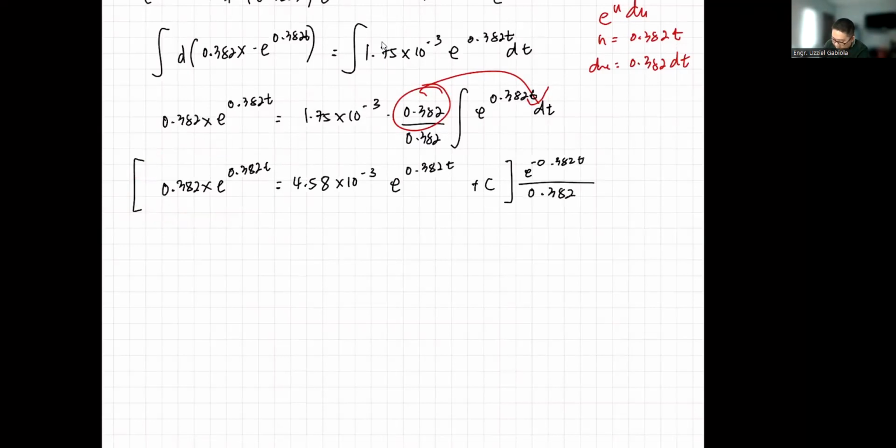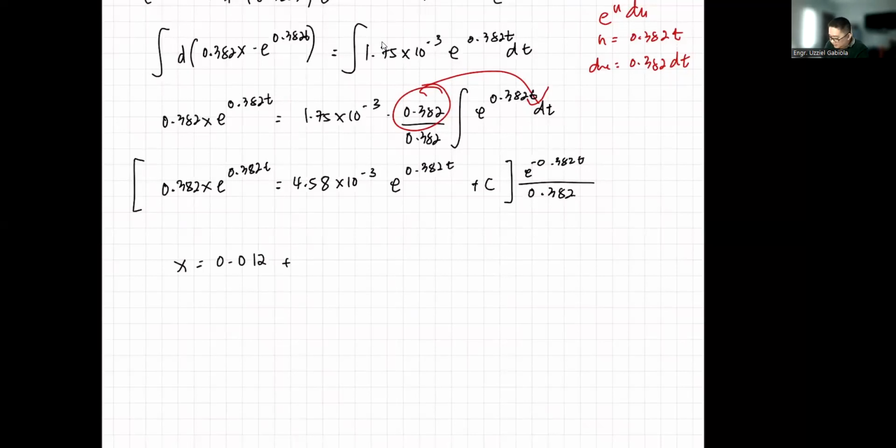So, we will have x is equals to yung 4.58, di-divide ulit natin ng 0.382. We will have 0.012, okay. Plus 1 over 0.382.